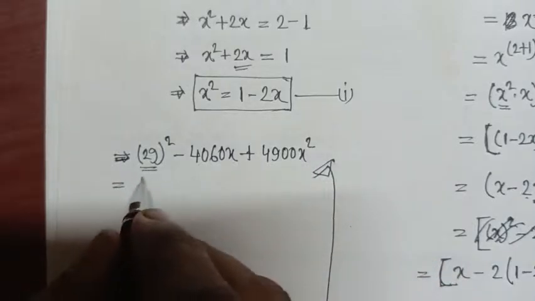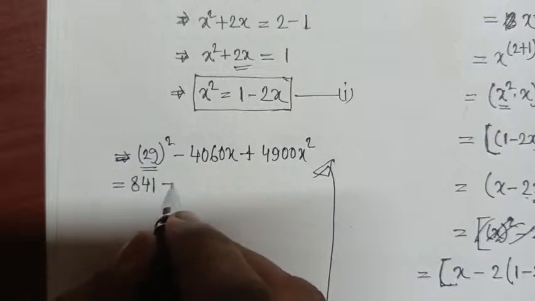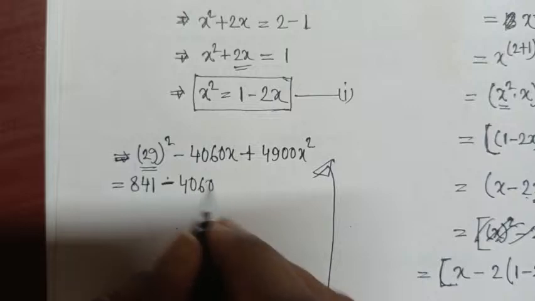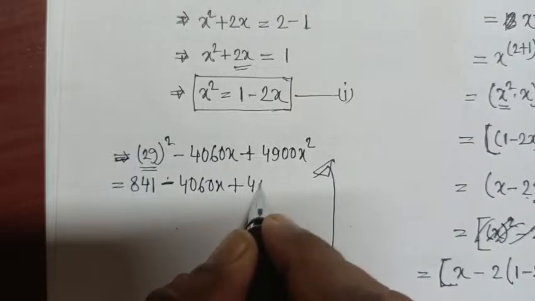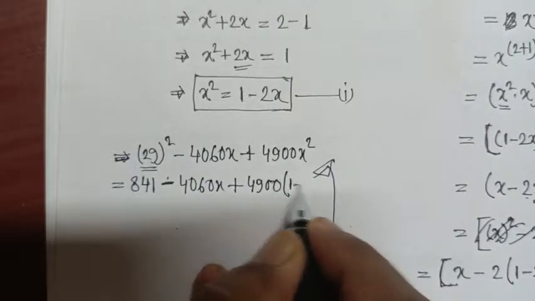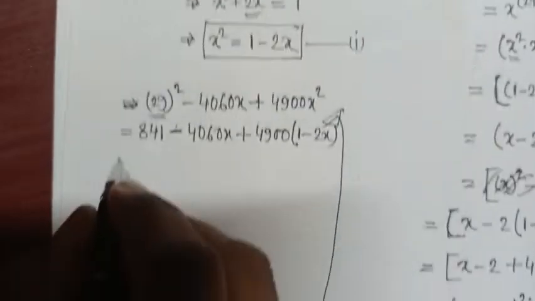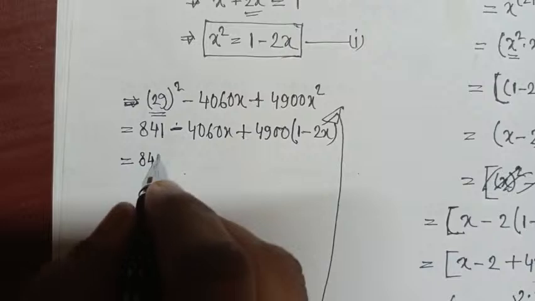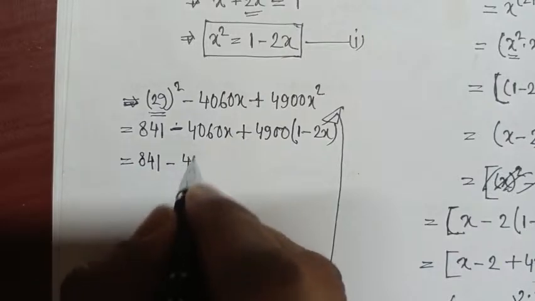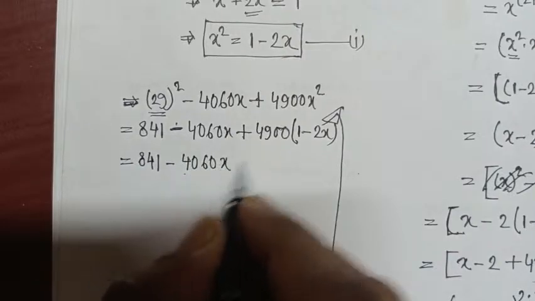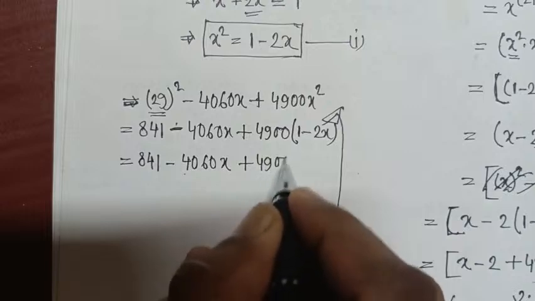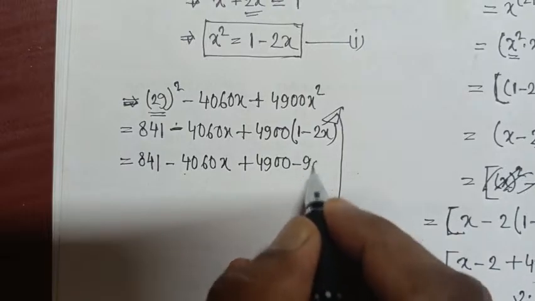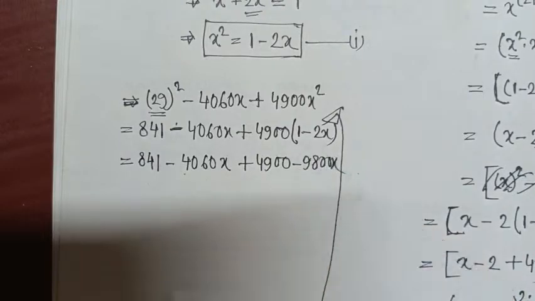We got from here the value of 29 square is equal to 841 minus 4060x plus 4900 times 1 minus 2x, that is equal to 841 minus 4060x plus 4900 minus 9800x.